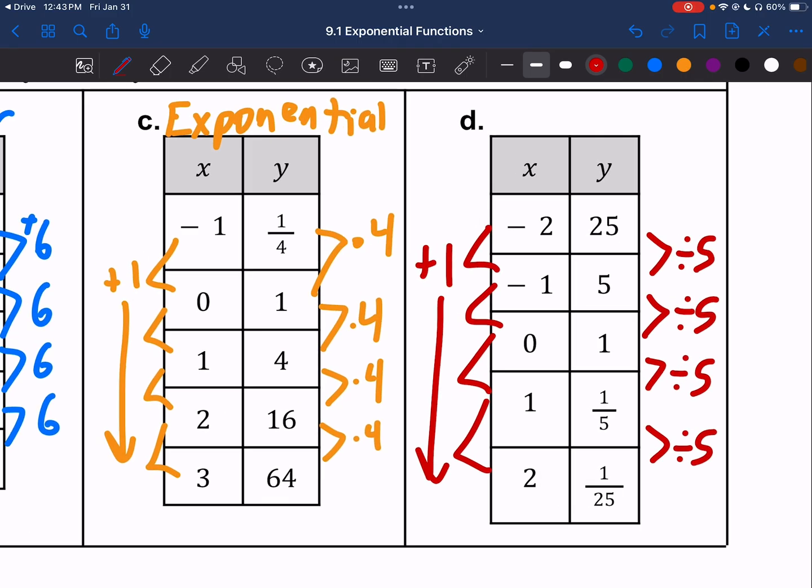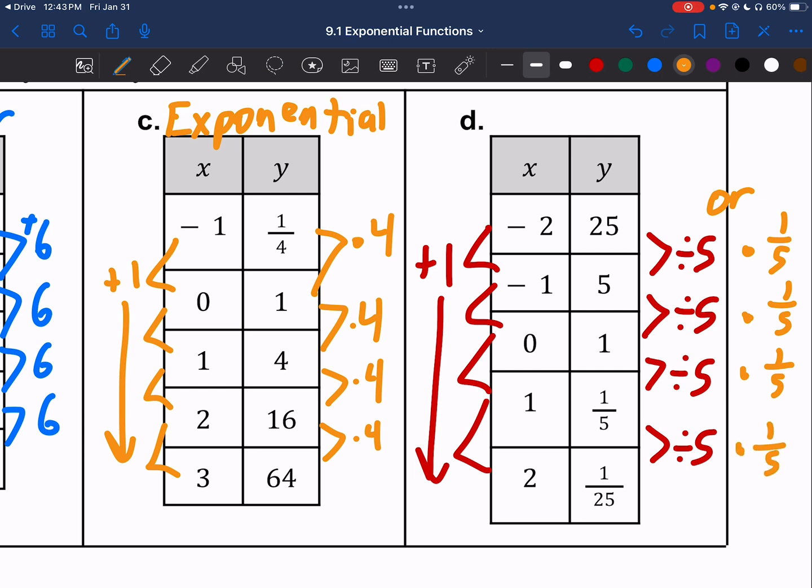Or our alternative way of thinking of that would be multiplying by 1/5. So each step we're multiplying by 1/5.